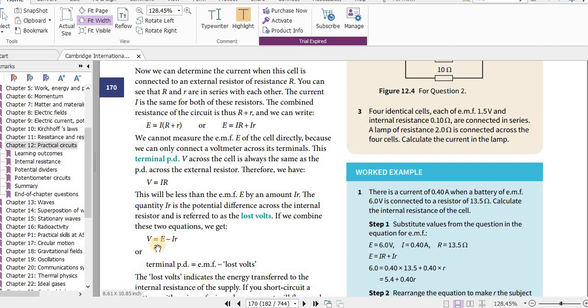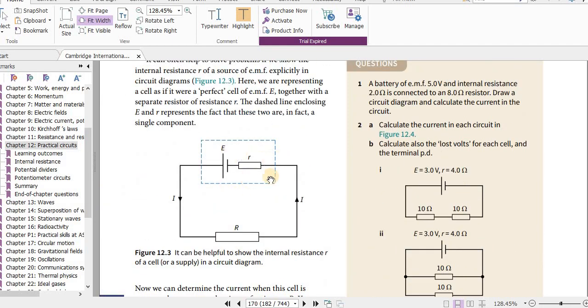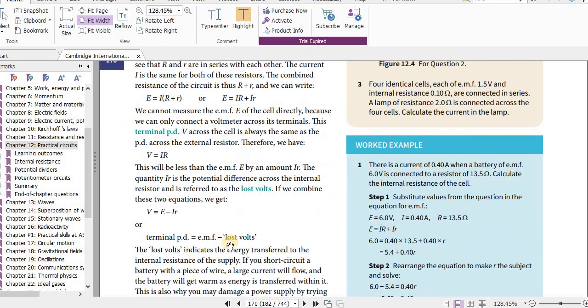E minus Ir equals capital V. Now V is the terminal potential difference, E is the EMF, and I times r. Now again you can see V equals IR you have learned. So here also this is a voltage, but that voltage is due to the resistance inside the power supply or battery. That's why we call it lost volts, because you can't really see it since it's inside the cell itself. Okay, that is why it's called lost volts.